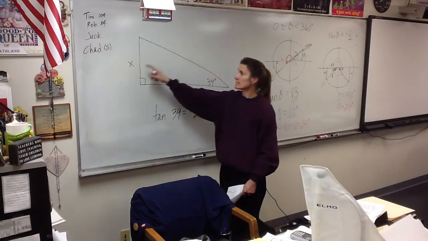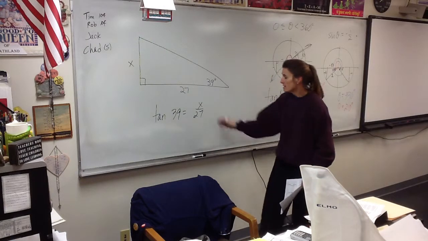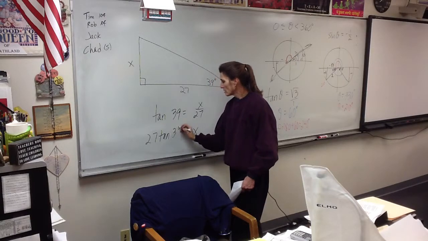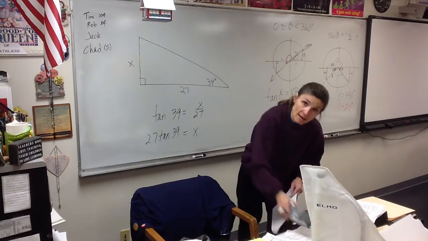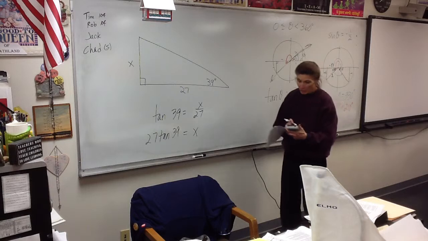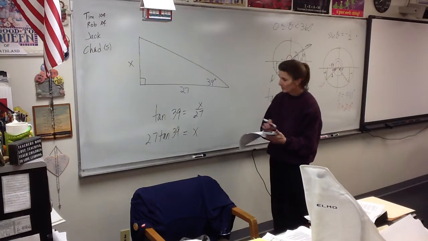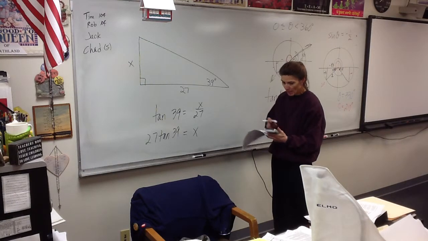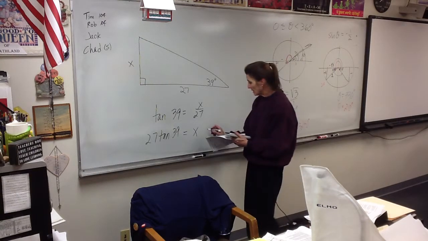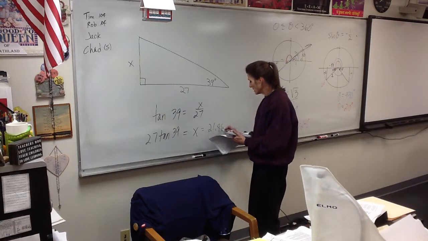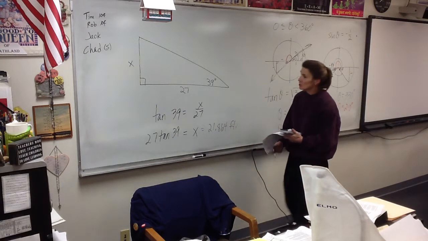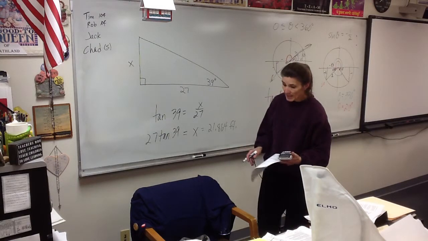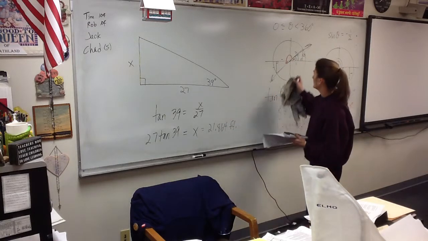Now, I'll multiply both sides by 27 so that I have x by itself. And then I'll go to my calculator, making sure I'm in degrees. 27 tan 39, you can just type that straight in, and you get 21.864 feet. So the height of the pole is 21.864 feet.